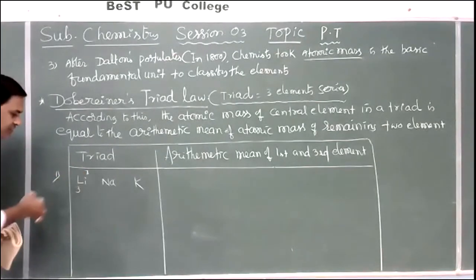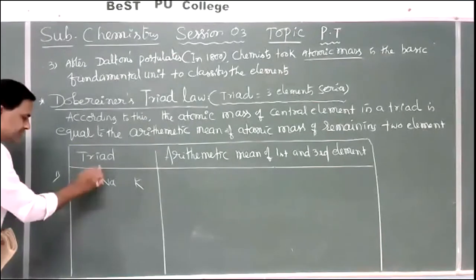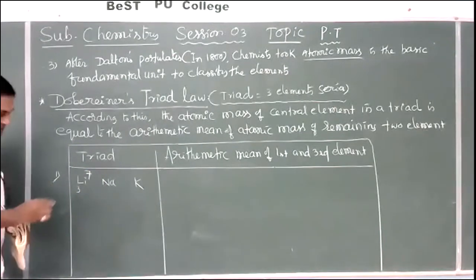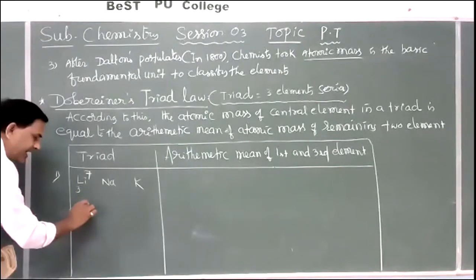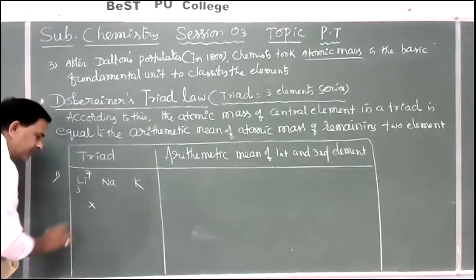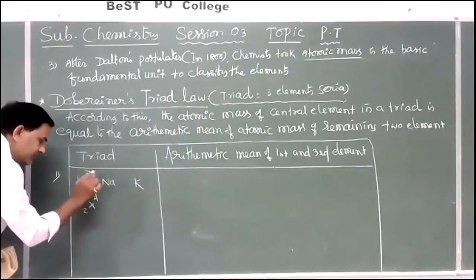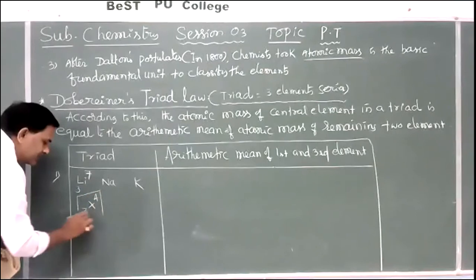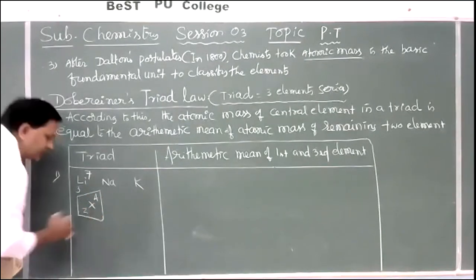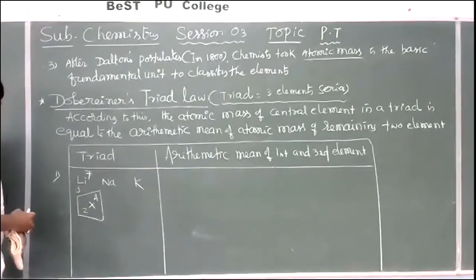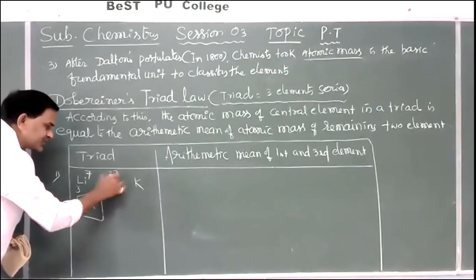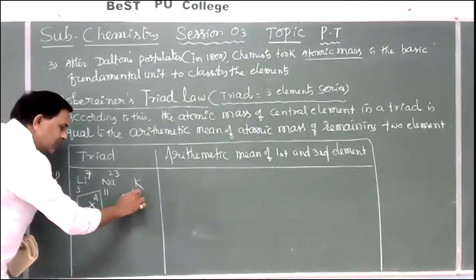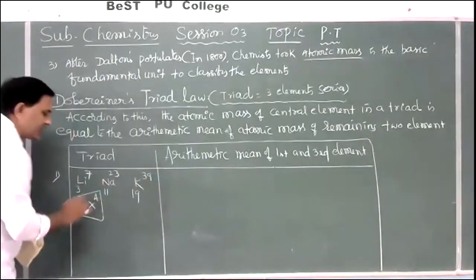This is the way to represent nuclides, as explained in the structure of the atom: symbol, atomic number and atomic mass, represented as X with Z and A. This is the simple nuclide notation. Now sodium atomic number is 11, atomic mass is 23. Potassium is 19 and 39. This is one triad.